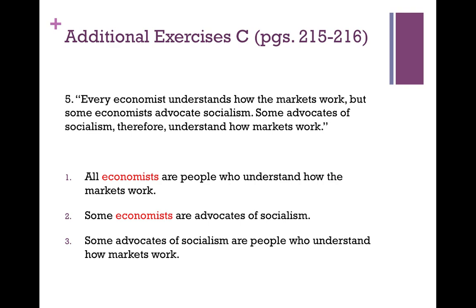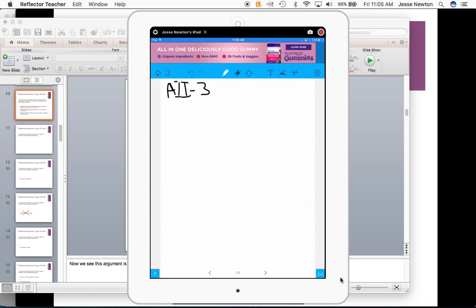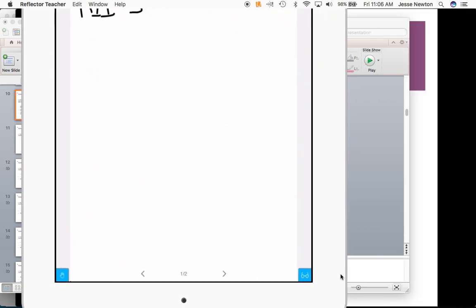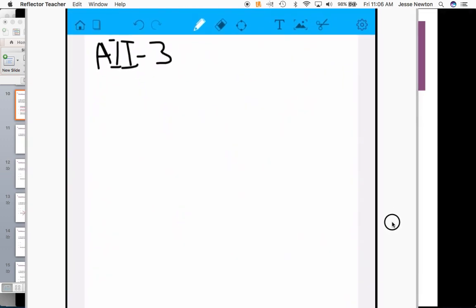Okay, so let's diagram this argument. I'll pull up my trusty app here. I know it's tedious, like having to see me relaunch this every time, but there are limitations to what this thing will allow me to do.